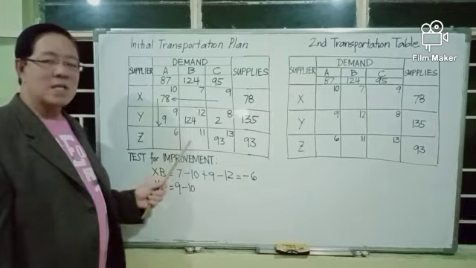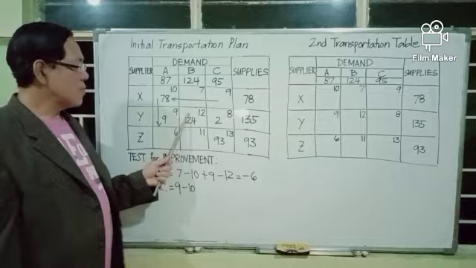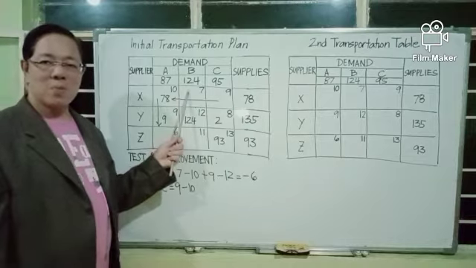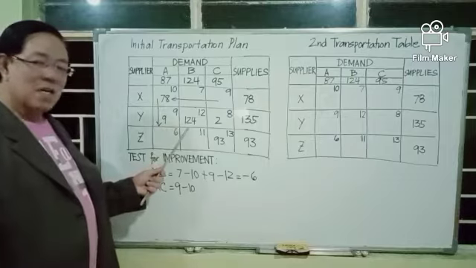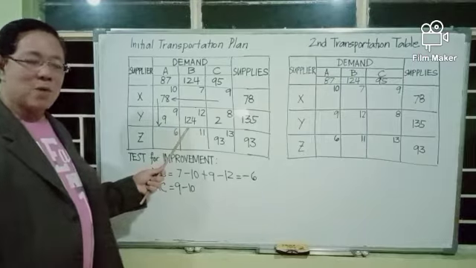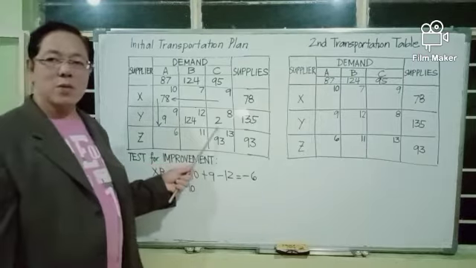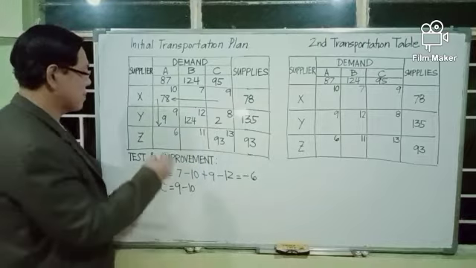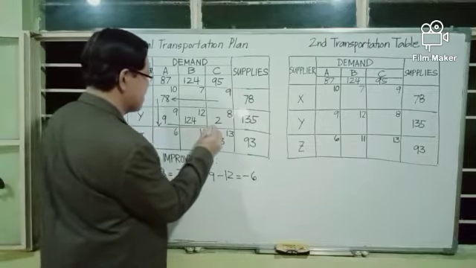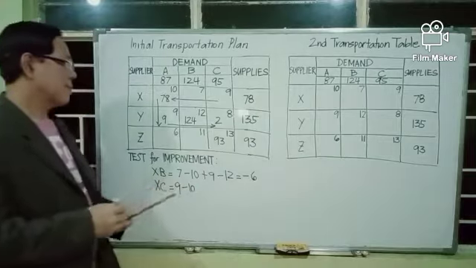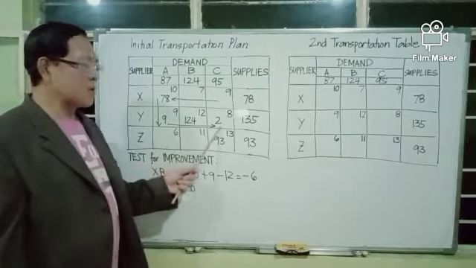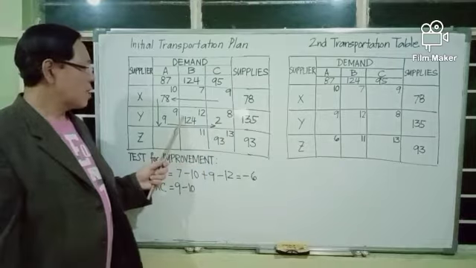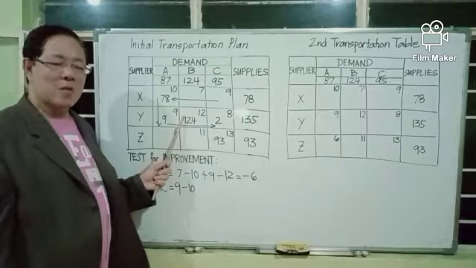If you move vertically downward, it's vacant. If you move vertically upward, it's also vacant. Hence, from 9, you skip this cell with 124 and you go straight to 2. From this cell with 9 units, we go straight to this cell with 2 units and we skip 124.